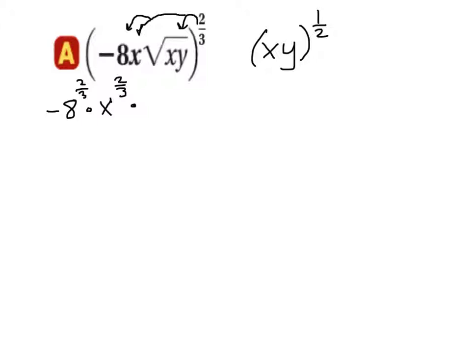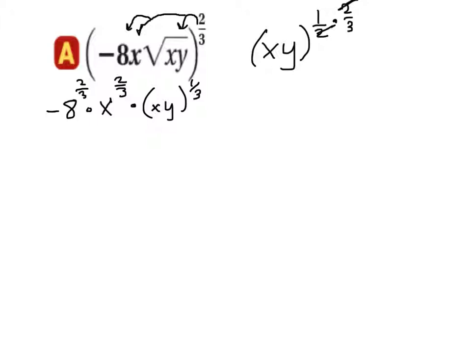I probably should have done that first. So I'm going to take that 1/2 times 2/3, which ends up being xy to the 1/3 power, because these two 2's cancel.